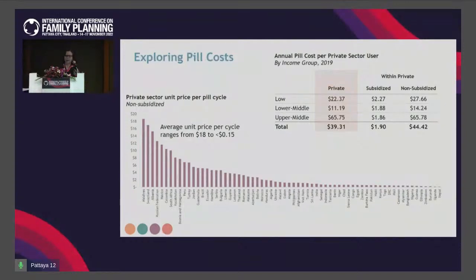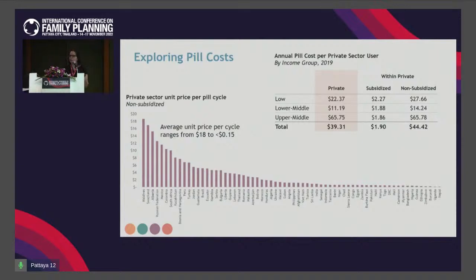Interestingly, the way our data has played out, we end up with a little bit higher, or maybe a much higher, double cost in low-income countries among pill users than in lower middle-income countries. This is due to both the unit prices that we see of those pills, and again, maybe thinking about the role of large manufacturers in Asia might need some cheaper access in the private sectors in those countries, as well as then the blend between that subsidized and non-subsidized price point, which we see is also quite different, right?